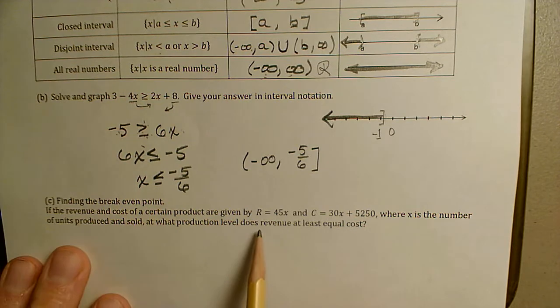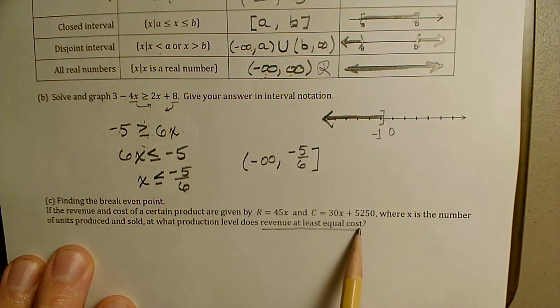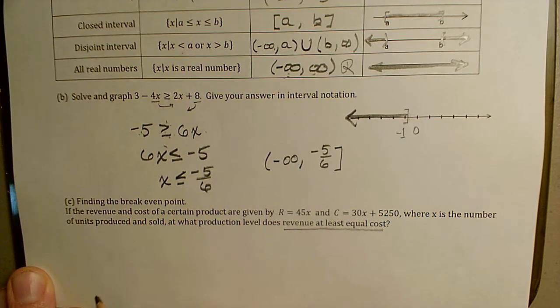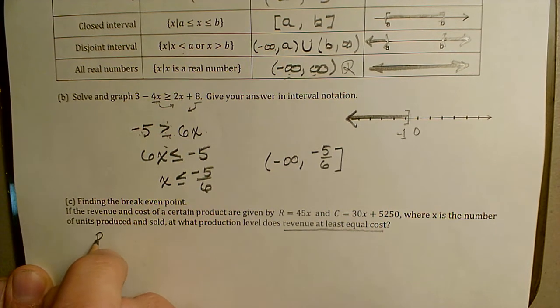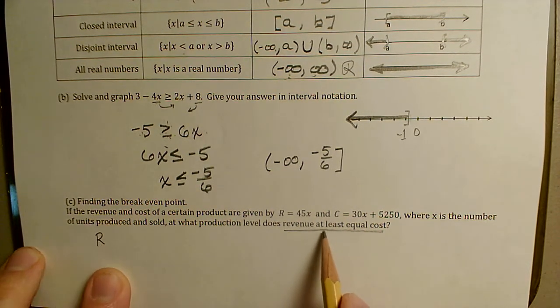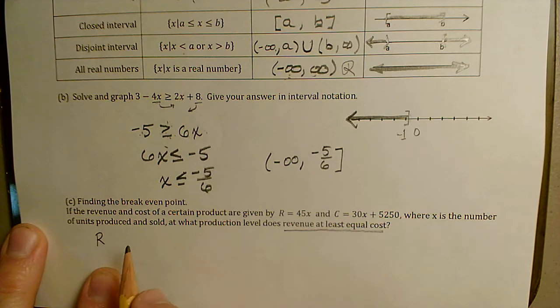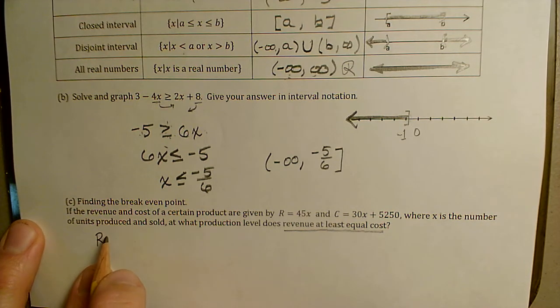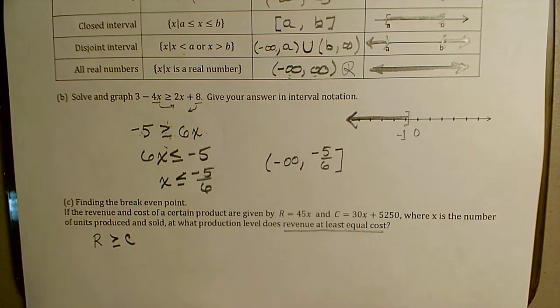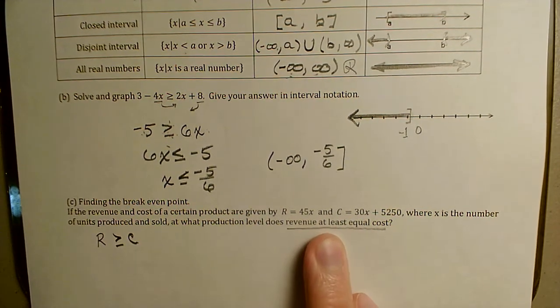If we take this and write it as a sentence, that would be revenue is at least equal to, so it's greater than or equal to cost.